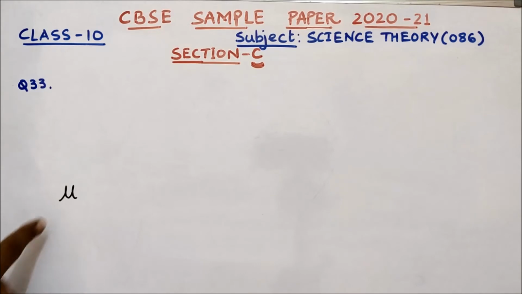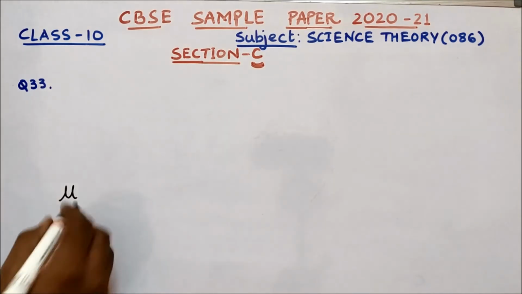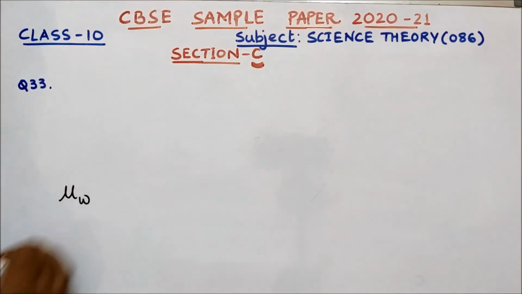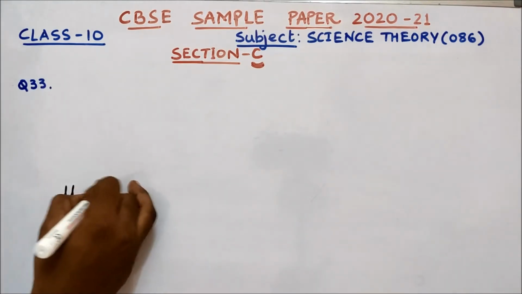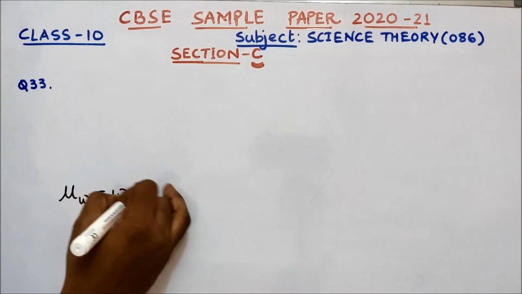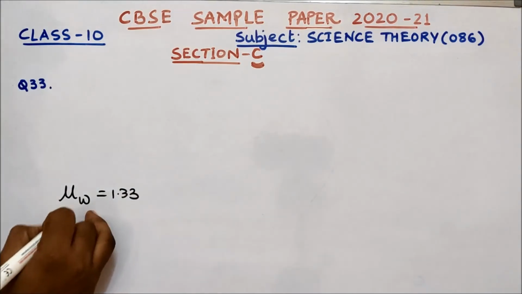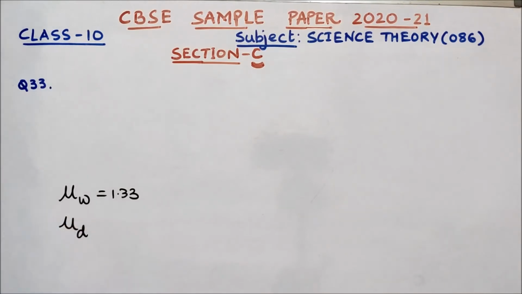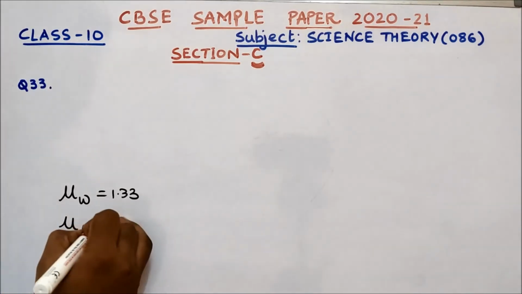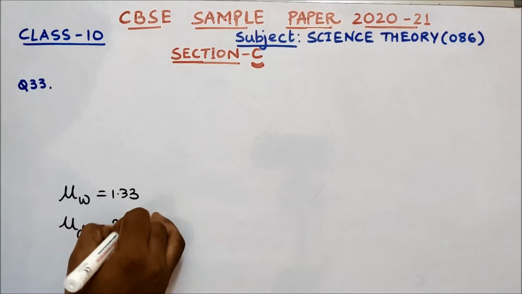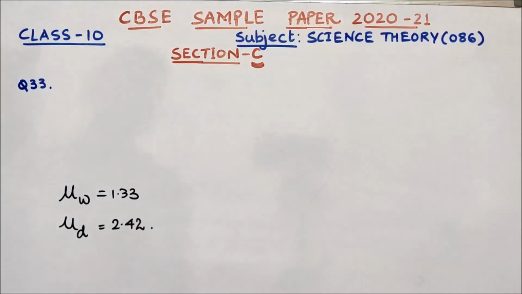Refractive index is represented by the letter mu, and the refractive index of water with respect to air is represented as mu w, and its magnitude according to the question is 1.33. Next, the refractive index of diamond, I am writing it as mu d, is 2.42.